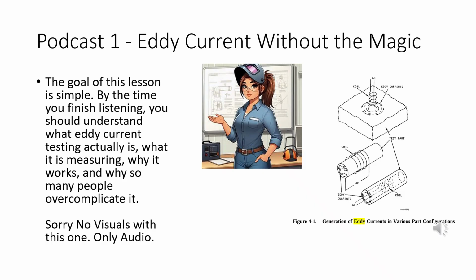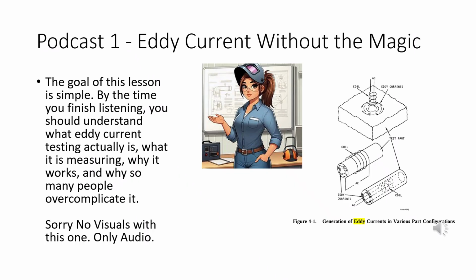Ultrasonic asks, can I bounce sound through the material? Radiography asks, can I see density changes through the thickness? Eddy current asks a different question. It asks, can I detect changes in a conductive material by observing how electricity behaves inside that material? That's it. That's the entire method. Everything else is details.